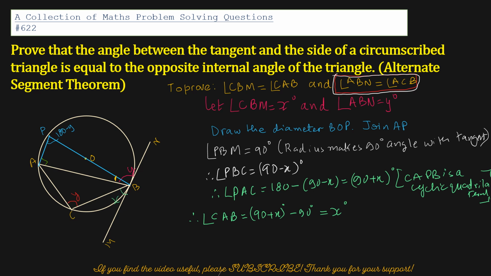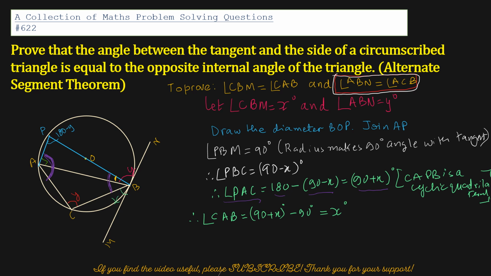So what we can do is angle PAC. PAC is this angle. We found out this, so these angles would add up to 180 degrees. So angle PAC would be 180 minus (90 minus x), and that is 90 plus x, because CAPB is a cyclic quadrilateral.